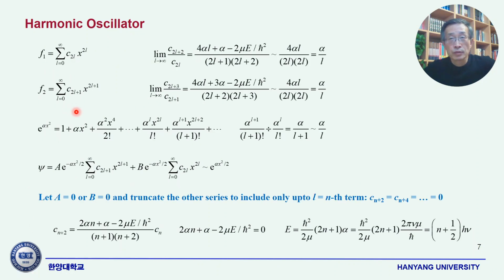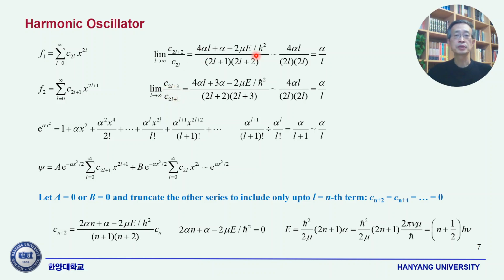Okay, now let's examine if our series solution behaves well. In order to do that, we analyze the series, both series, actually the even ordered series and the odd ordered series. So we compare the coefficient c_(2l+2) to c_2l. In the odd case, we compare c_(2l+3) to c_(2l+1).